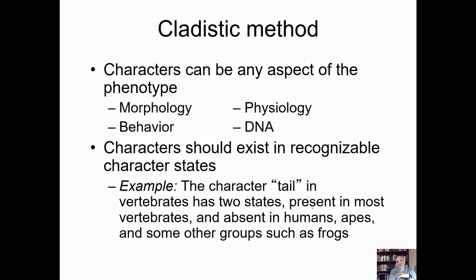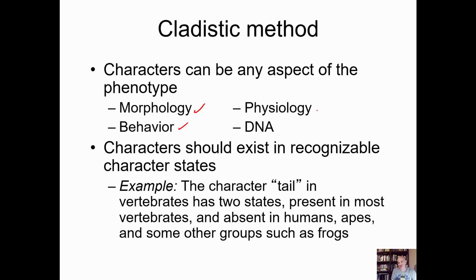Cladistic methods will use any kind of characteristic that is available to them. These characteristics include morphology, the structure of the organism, and behaviors. A lot of times behaviors are inherited from their ancestry.